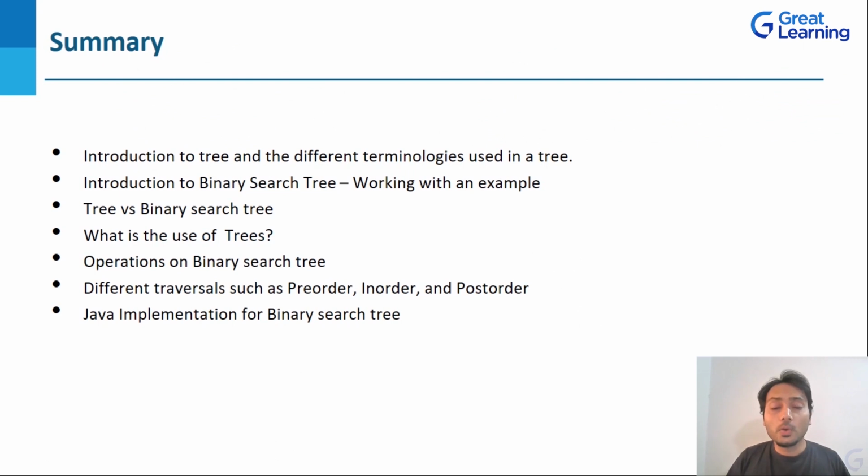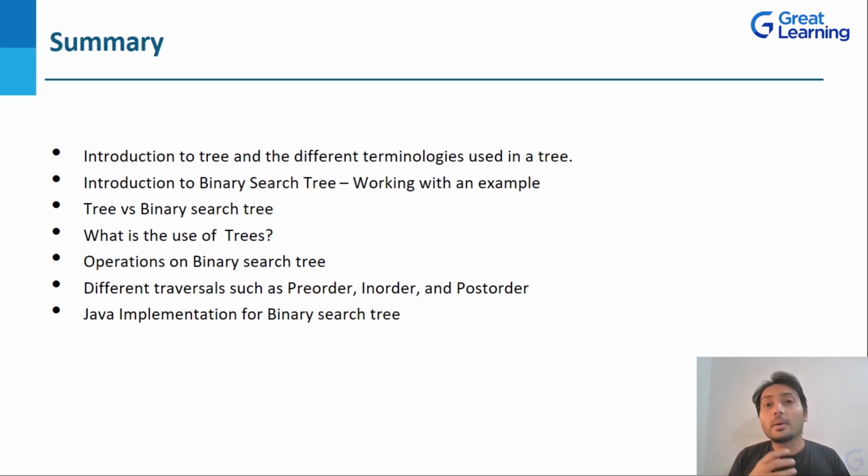As we are in the end of this course, let's try to summarize and understand whatever you have studied so far. So first we saw introduction to tree and the different terminologies used in tree, how a tree looks and why is it so important. And then next we went on to understand the binary search tree and why is it so special and the working of a binary search tree with an example. Then we compared a tree with a binary search tree and saw which one is more important and what is the use of trees. That is our next topic.